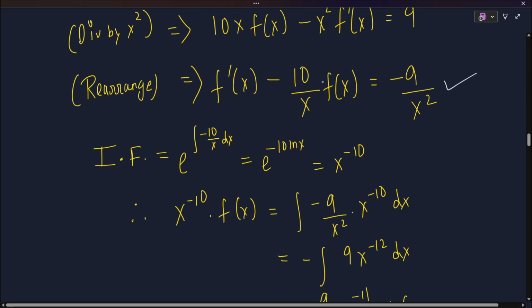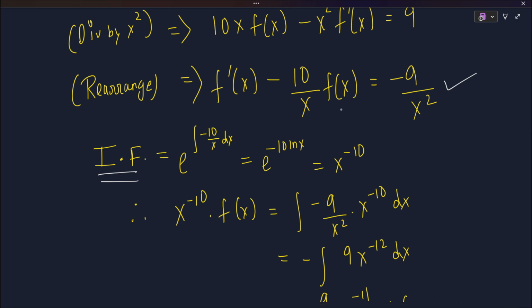What we do in this kind of equation is find the integrating factor. What is the integrating factor? The integrating factor usually is the coefficient associated with f of x, or y, whatever you write in terms of f of x, you can also write y here. So the coefficient is minus 10 by x. So the integrating factor should be e to the power integration of that function.